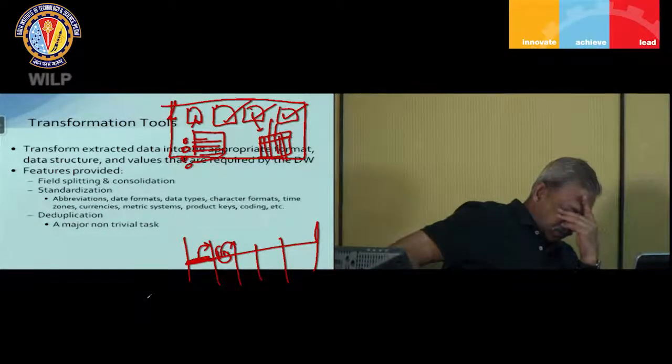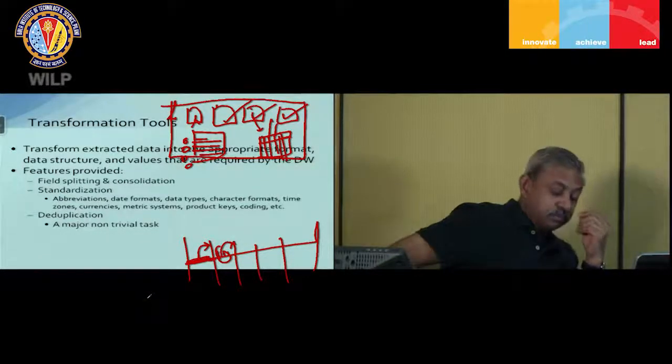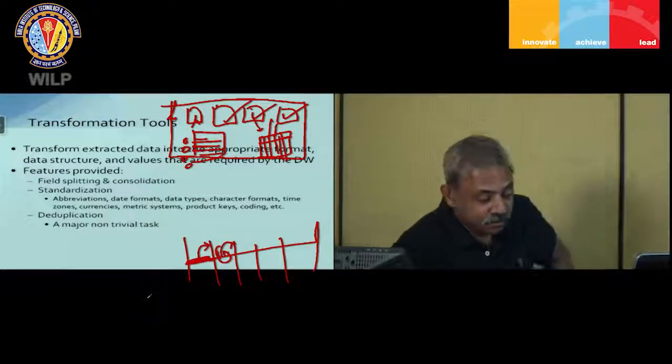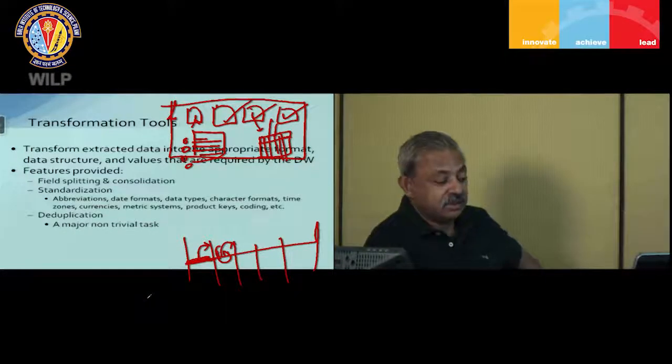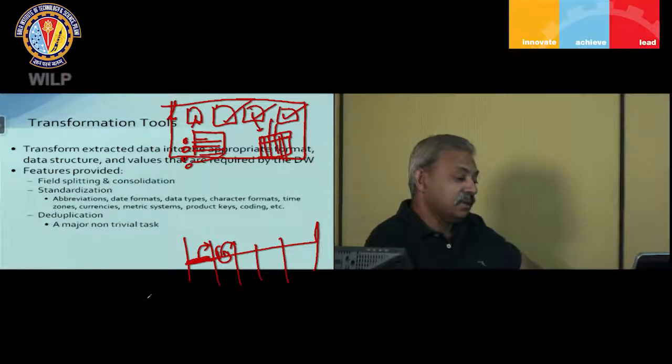In the absence of something like this, you need to look at the entire address string and then try to figure out which part of the string represents the city. So those kinds of things are required. So field splitting and consolidation is there.